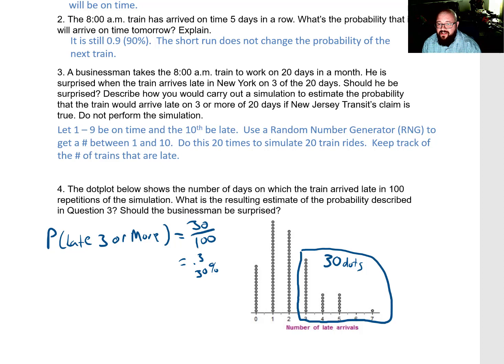And out of the simulation that we did 100 times, there were 30 of them that were late, 3 or more, okay? So with that, he shouldn't be that surprised his train was late 3 times. 30% isn't unlikely.